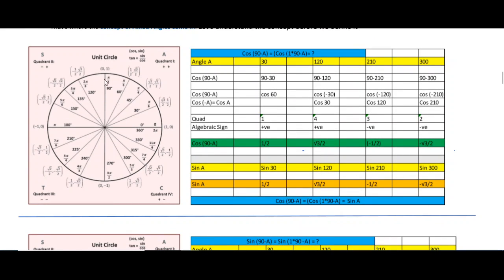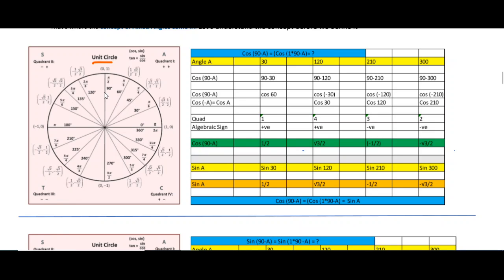You know the unit circle, which we are always going to carry forward whenever we do trigonometry. This unit circle is divided into 4 quadrants, and using the CAST logic we know where sine will be positive, where cos will be positive, and so on. And these are all your standard angles: 0, 30, 45, 60, 90.